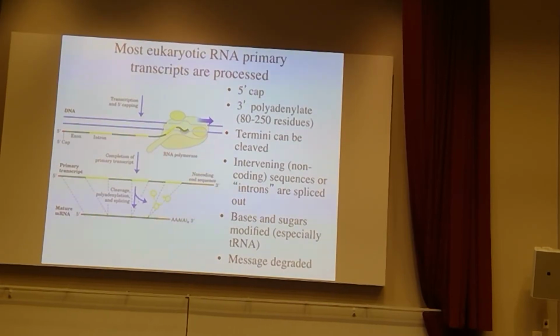Once we have that mature mRNA that's got all the introns removed from it, it can be exported through the nuclear pore out into the cytoplasm and used as a substrate by the ribosomes.